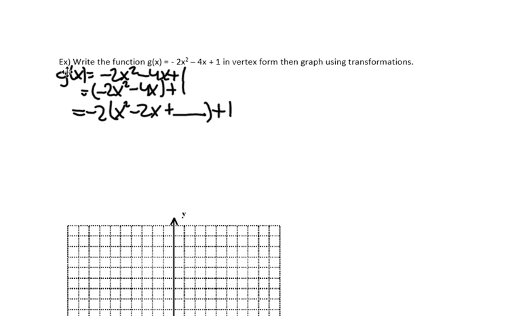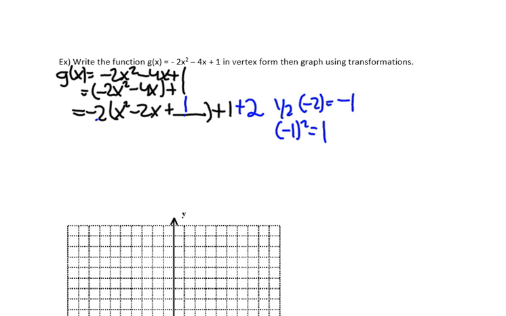So again, what do I do? I take half of -2, which is -1, and then square it. That's a +1. Now, be very, very careful here. Notice I have 1 times -2 because you've got to distribute the -2 to each term here. That is -2. So the opposite of -2 is +2.